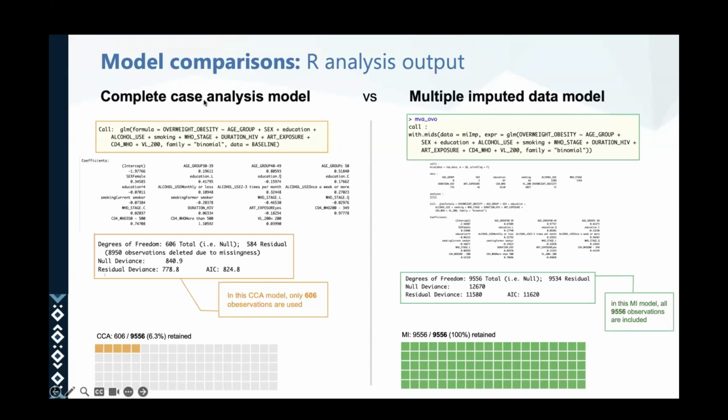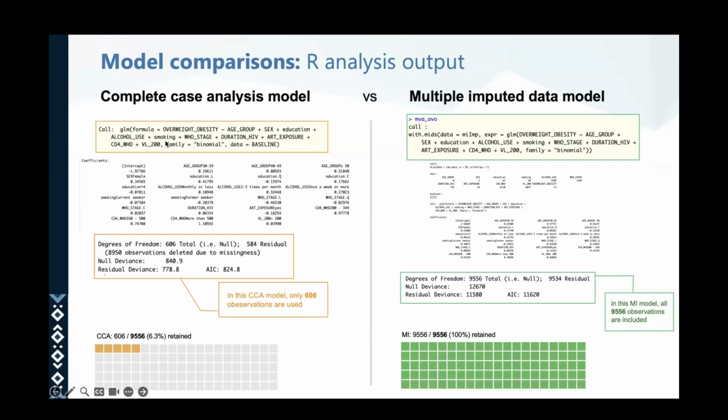In the complete case analysis method, it uses the method of listwise deletion. And so it deletes all the rows that are missing data. If it deletes all the rows that are missing data, a lot of the rows are just going to go away. In our visualization that we saw earlier, there were variables that were missing a significant number of observations, and CD4 count was one of them.